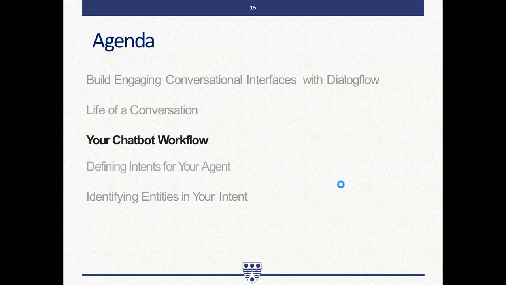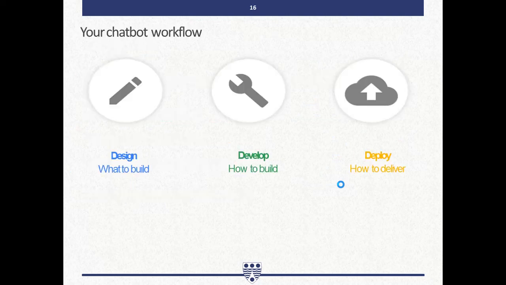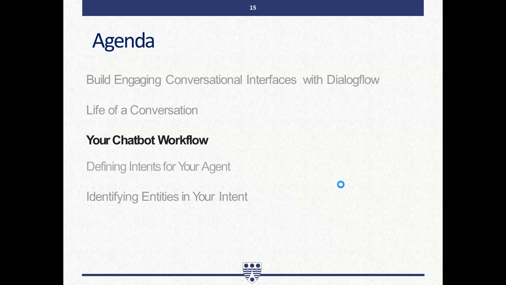Now let's look at our chatbot workflow. There are many ways to build a chatbot. You can start off by building a bot with few intents, few user intents, or you can have multiple intents, which simply enables you to carry out more complex conversation with users.